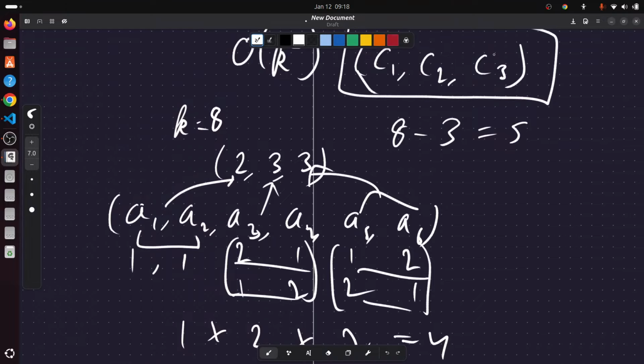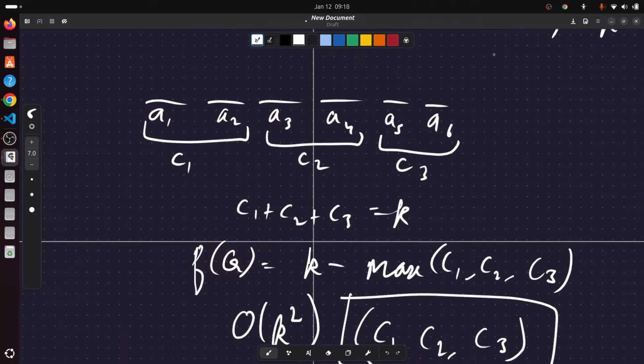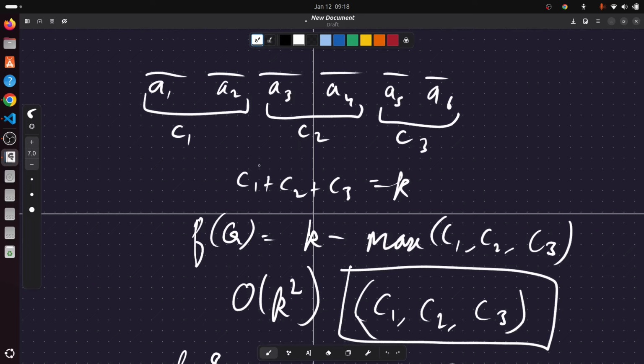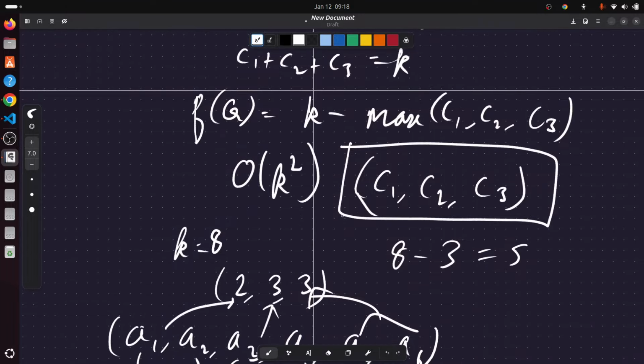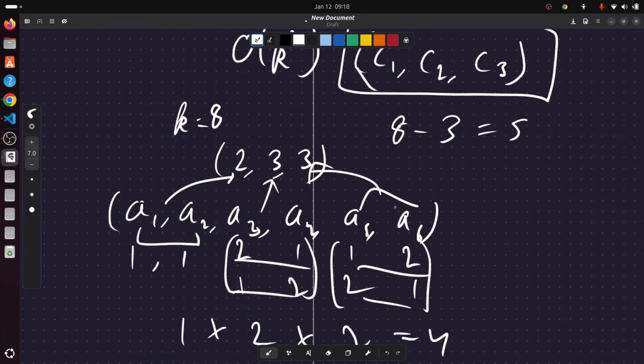The main idea here is that we have only 3 different numbers, and we can just iterate over all the possible triplets. I will iterate over C1 and C2, so that is O of K square, and C3 I can just find as K minus C1 plus C2. Then I can count how many times that triplet C1 to C3 appears.